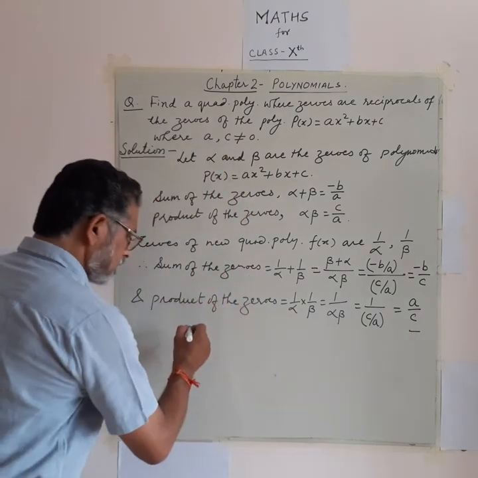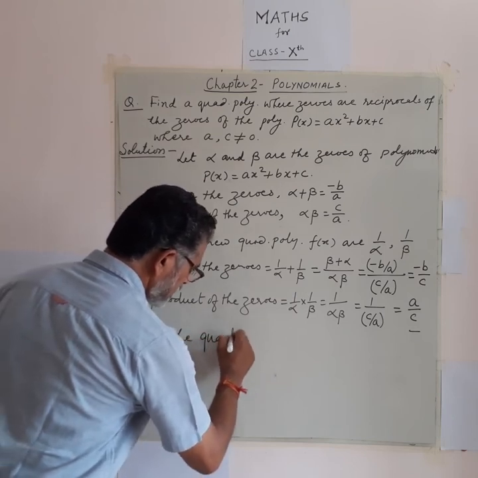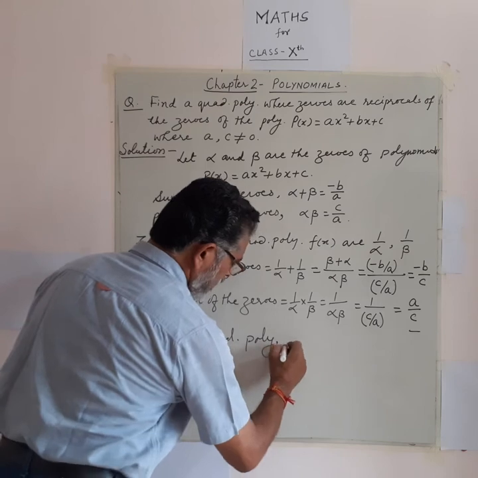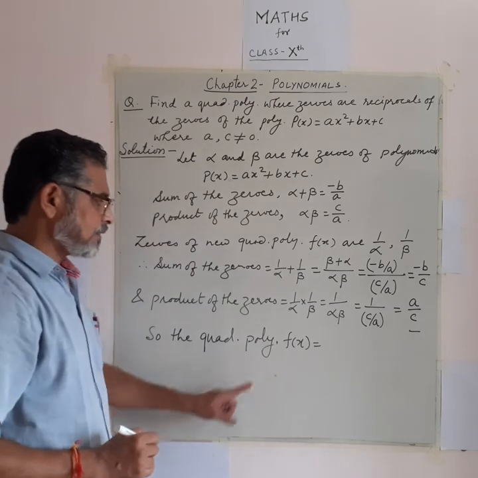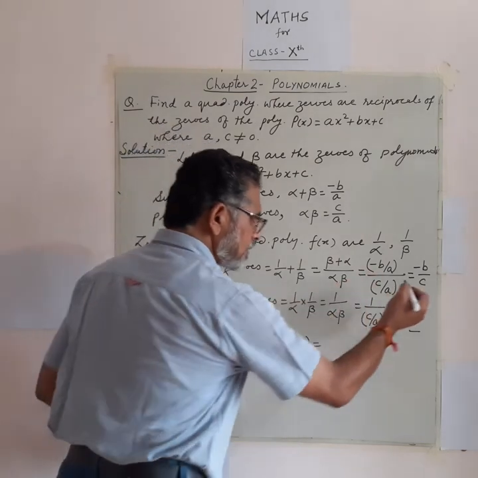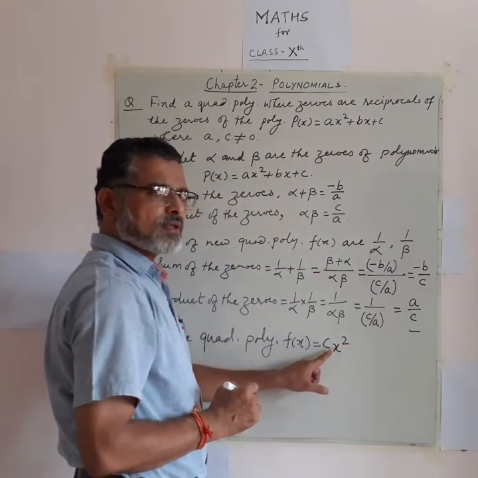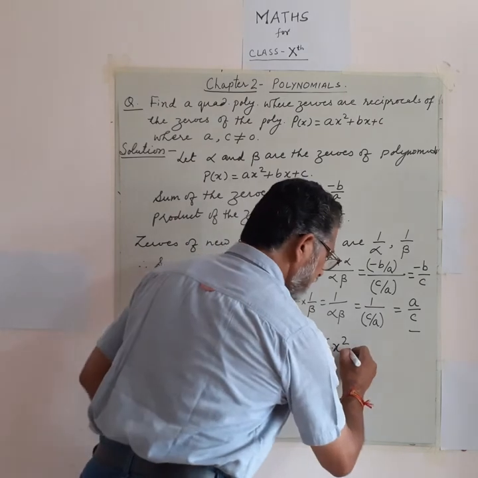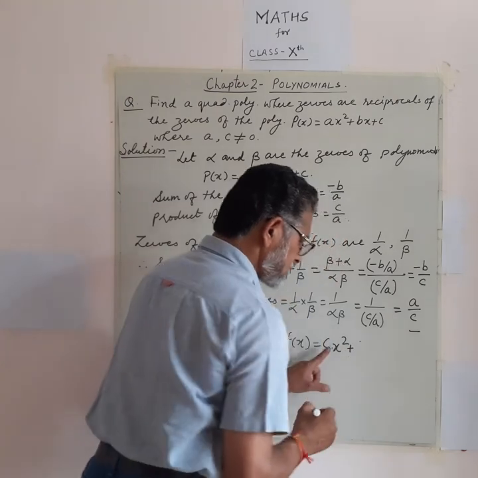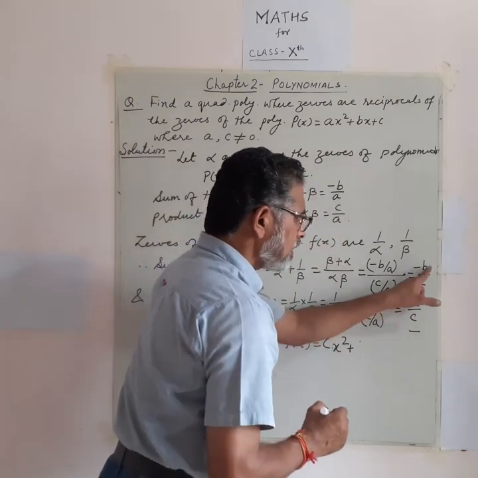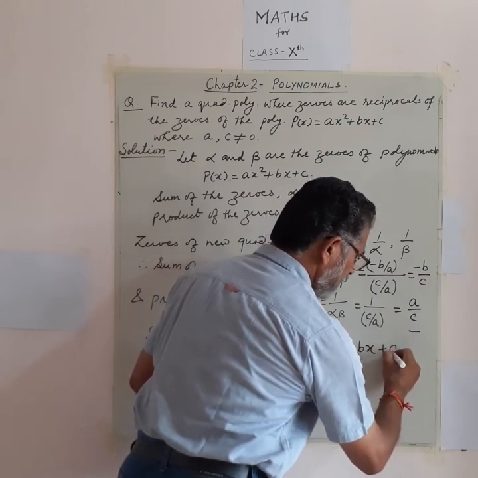So here, the quadratic polynomial becomes f(x) equals, you can directly write, c into x square, c meaning the coefficient of x square, plus b into x plus a.